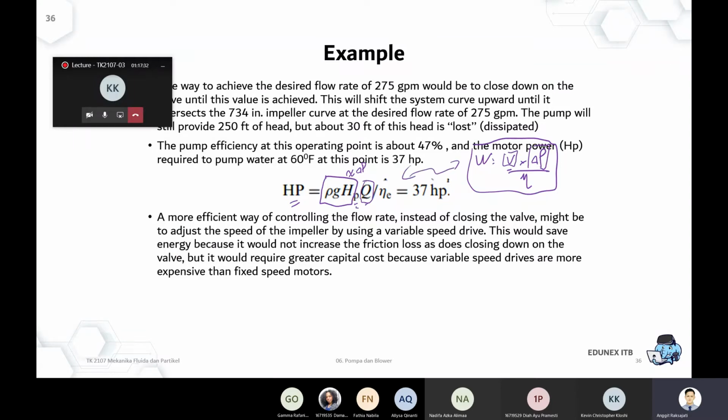What will be the electricity required if you choose option 1? You choke the feed, you leave the pump as it is. So you can put in the numbers. What will be the rho?